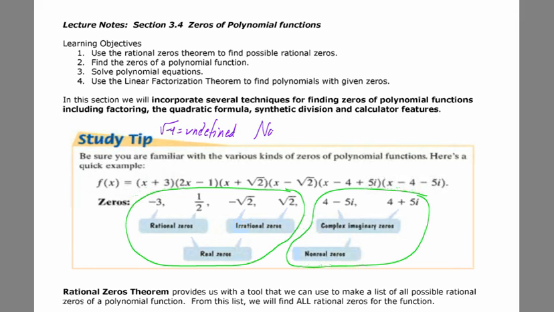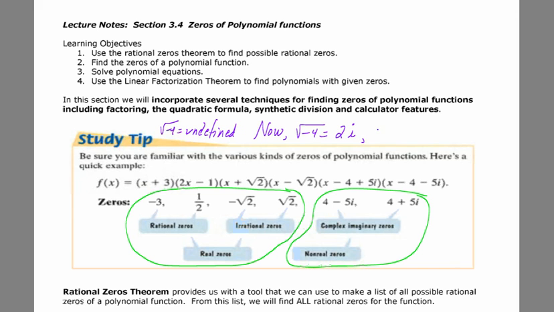Now, since we're working with complex numbers and we're working with non-real zeros, the square root of -4 will be interpreted as 2i. Remember, the i comes from the fact that there's a negative under the radical. That's where our imaginary unit comes from.